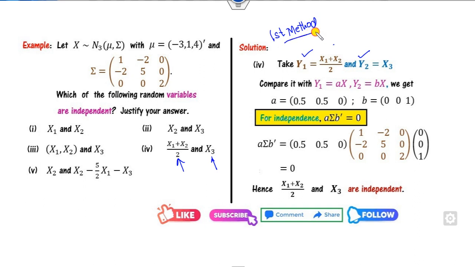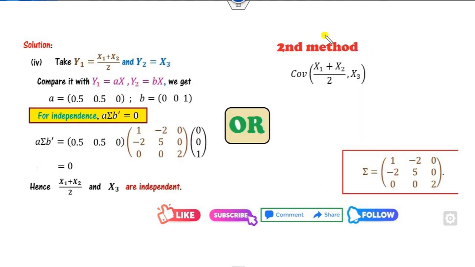The second method is I can apply the covariance property. So what is the property of the covariance? I can write it as half covariance of x1 x3 plus half covariance of x2 x3. Fine, I can expand using the property of the covariance. Now you can substitute the values. What is the x1 x3?